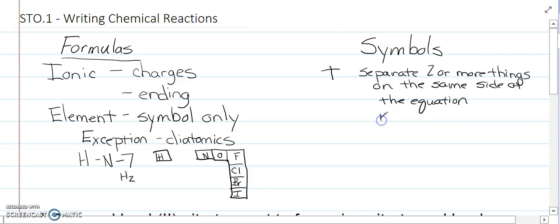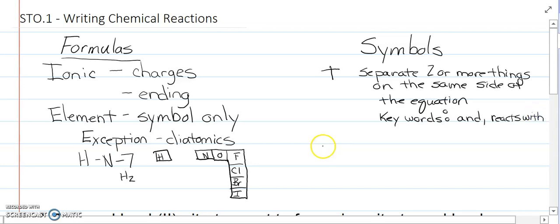Keywords that you're going to be looking at are "and," "reacts with," and there are some others that you will run into.